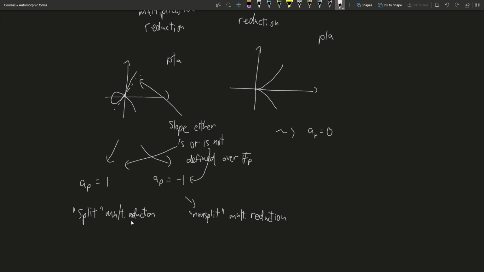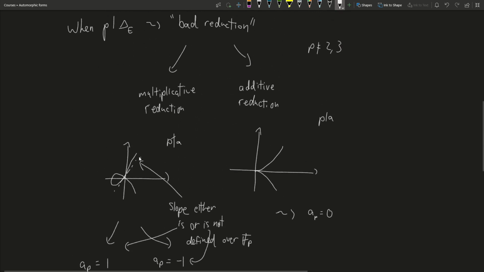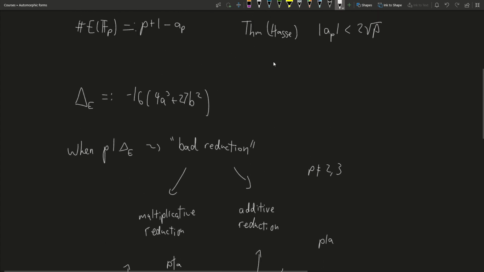So these cases are important to know about because you also have this quantity, so maybe I should write down here, this is called the discriminant.